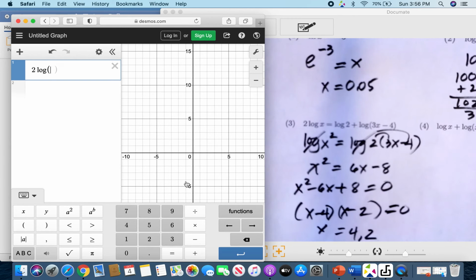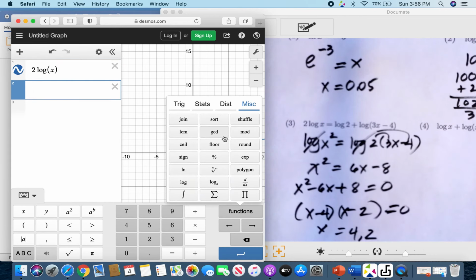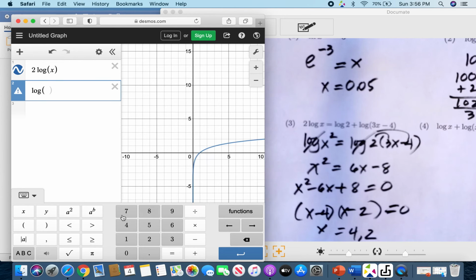It's actually here. All right, and x. Okay, and the other would be log of 2. Then you have to close the parenthesis.